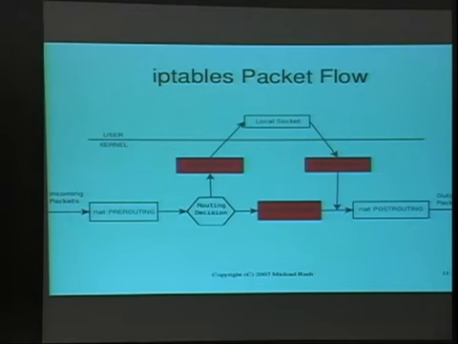So conceptually, if you think about how iptables interacts with packets in the kernel, this is a very basic diagram. There's lots of things that are not depicted here, but basically the three red boxes are the input, output, and forward chains that are available in the filter table. All three of these chains are interacted with after a routing decision is made by the kernel.